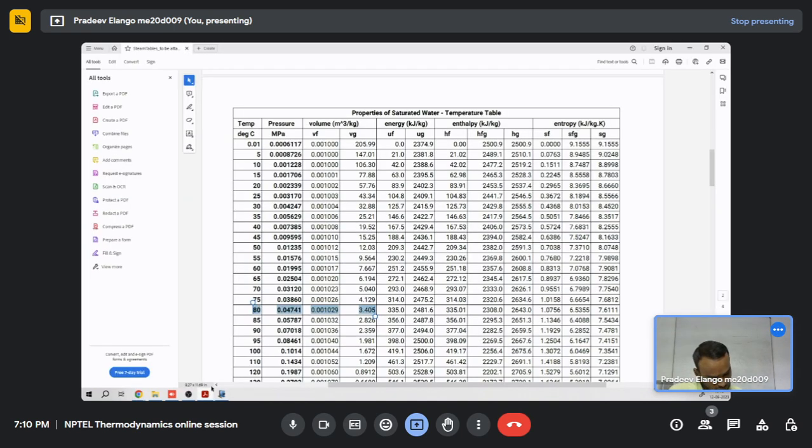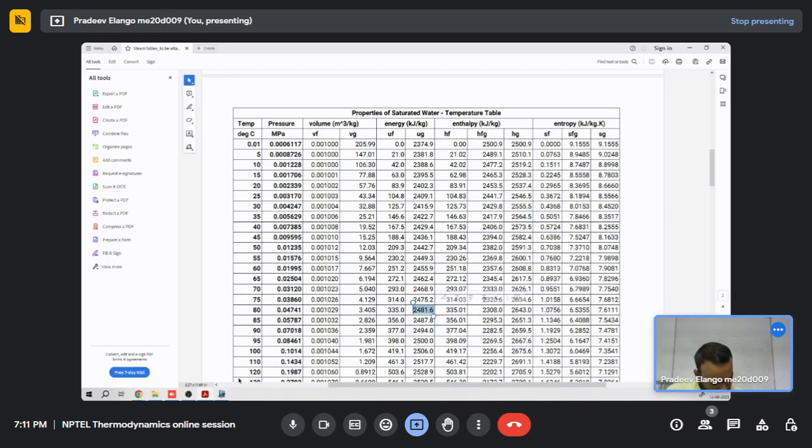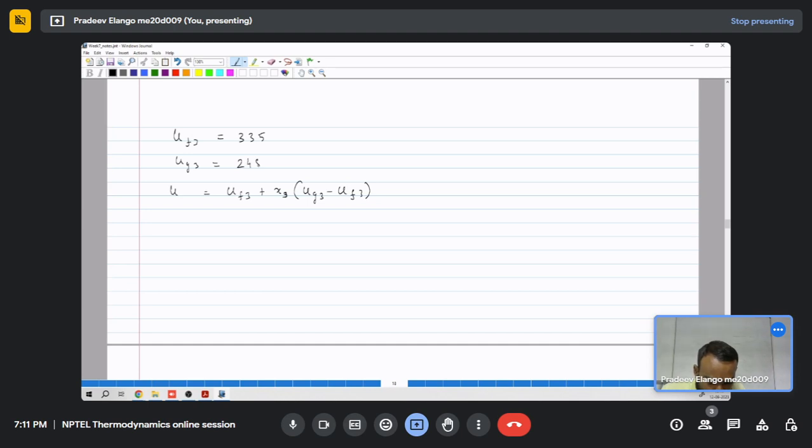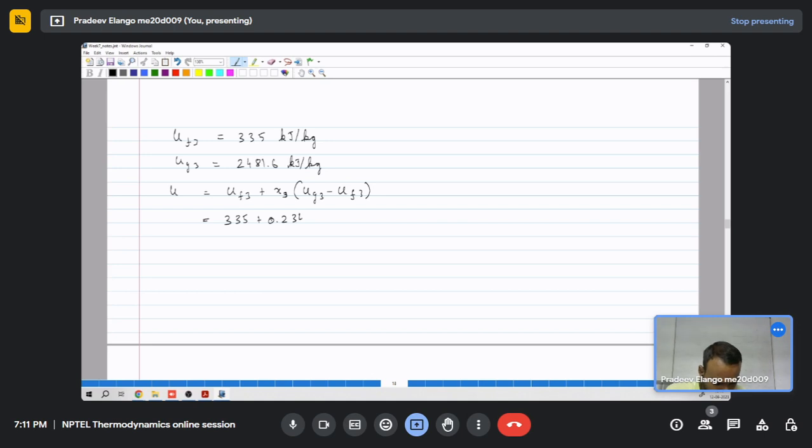At 80 degrees Celsius we have these values: Uf3 is 335 and Ug3 is 2481.6. So U3 is 335 plus the dryness fraction we have calculated as 0.234 times (2481.6 minus 335).